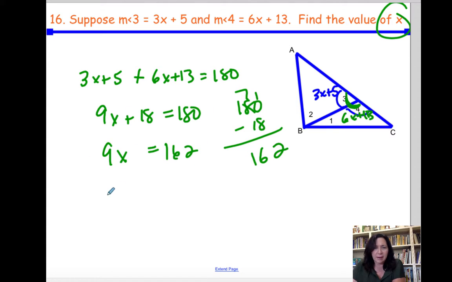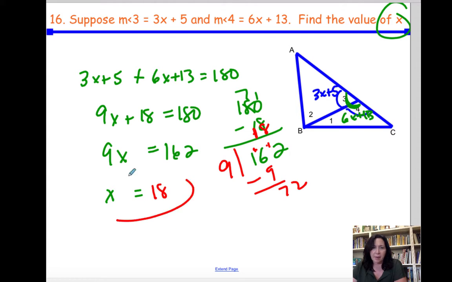Divide by 9. You might ask how do I know that 9 divides into 162? If you add these digits, 1 plus 6 plus 2 is 9, so 9 divides into 162. 9 divides into 16 once, subtract 9, I get 72, and 9 divides into 72 8 times, so x is equal to 18. That was the answer because it just asked me to find the value of x.